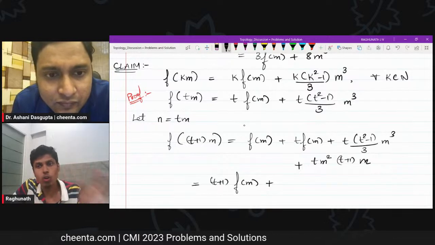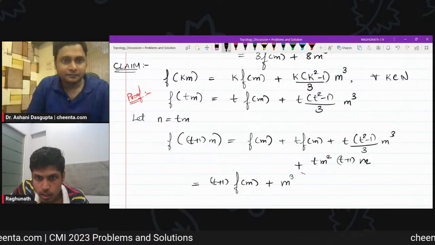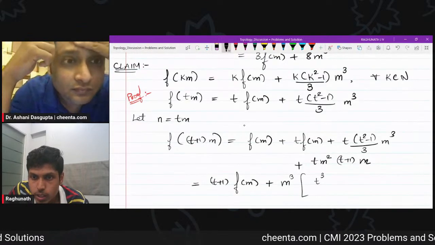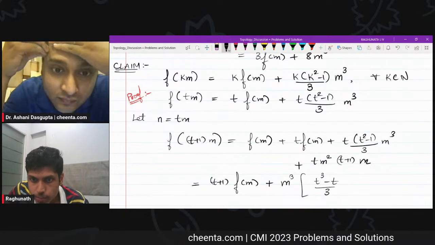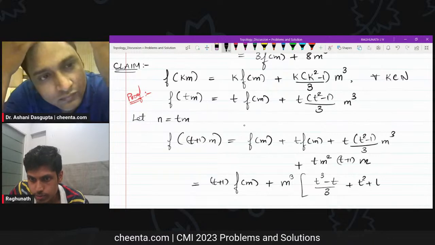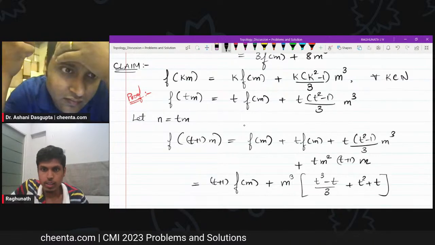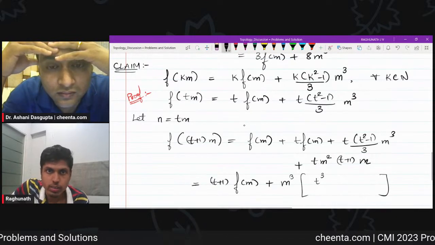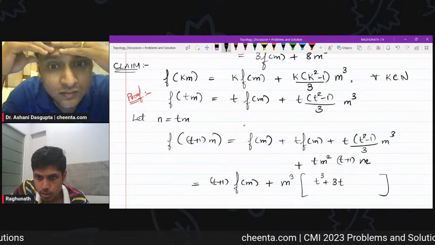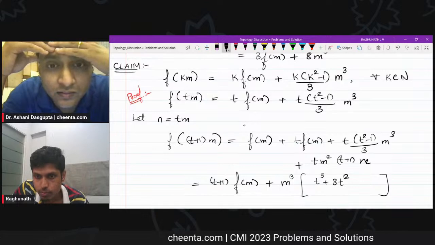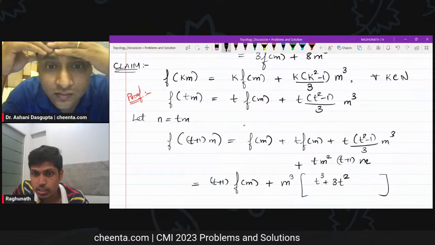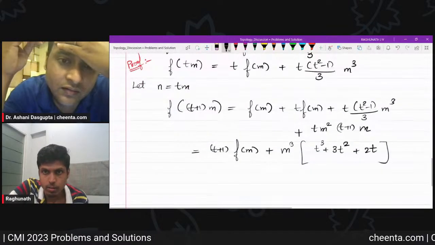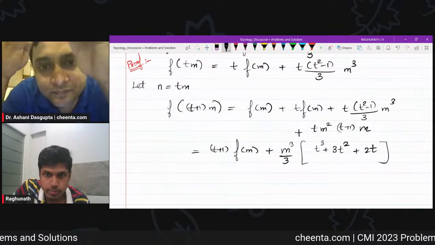So taking m cube common, you will get t cube minus t by 3 plus t square plus t. So this will be 3t square plus 3t square plus 3t minus t will be plus 2t, and by 3.